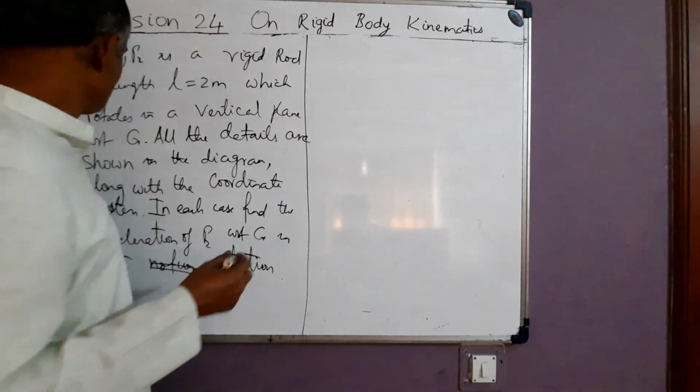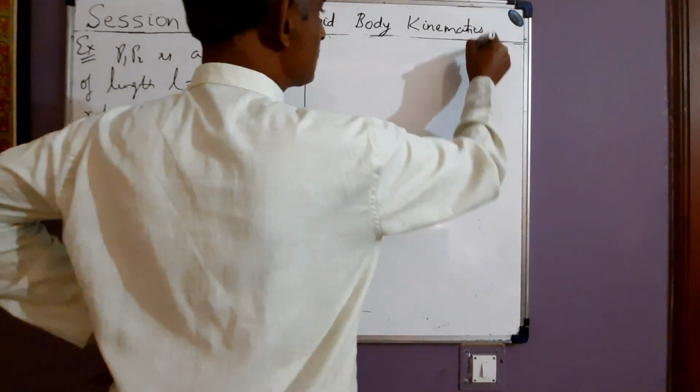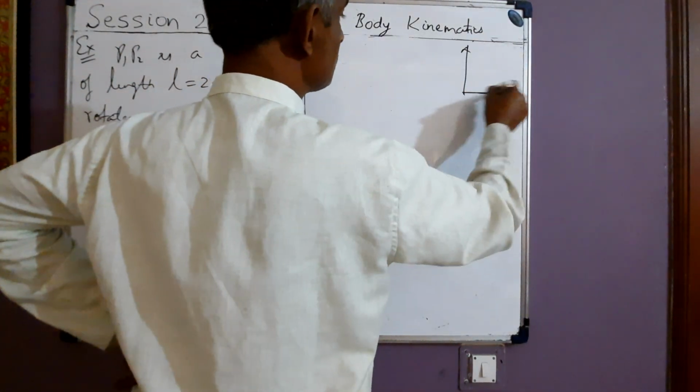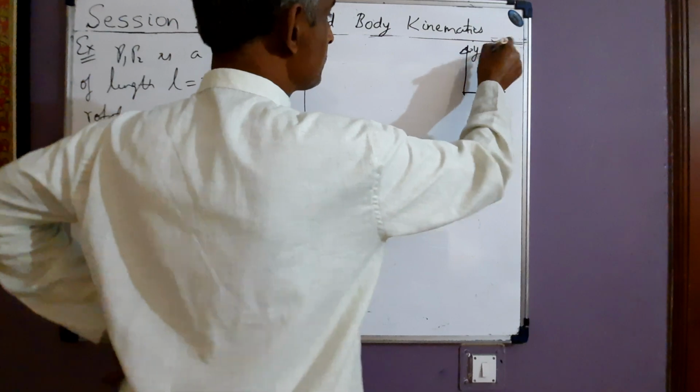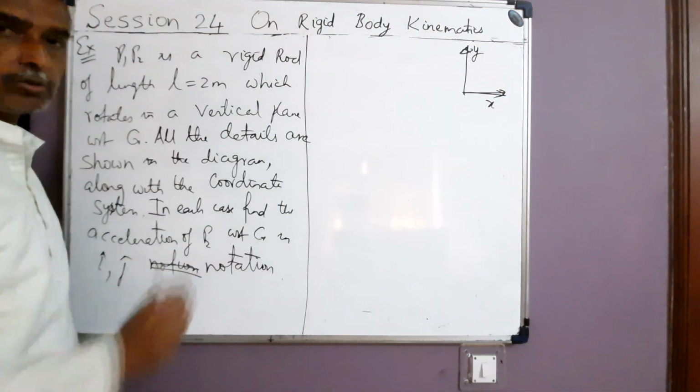Now the coordinate system is given in all the cases. The orientation of this coordinate system is as usual: x axis rightward, y axis upward.